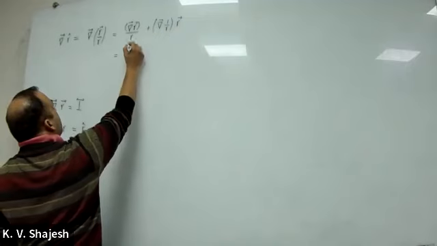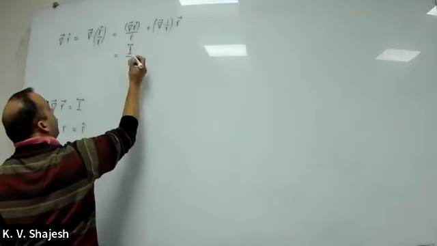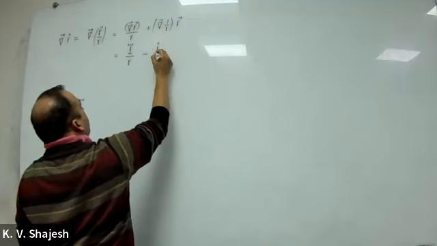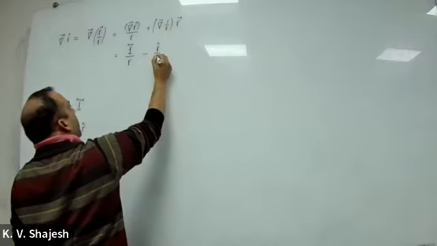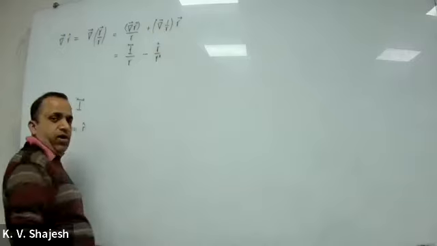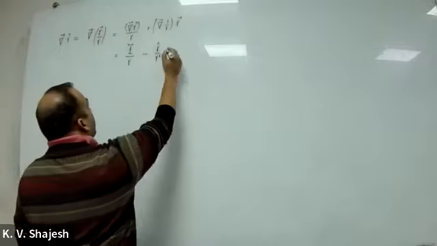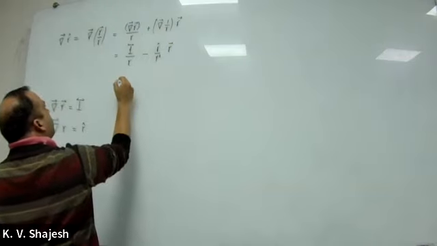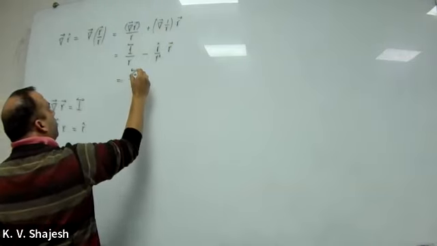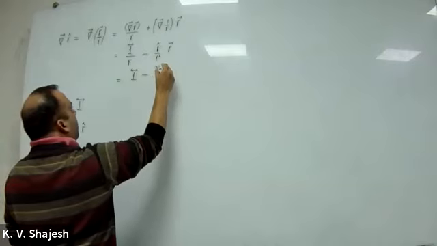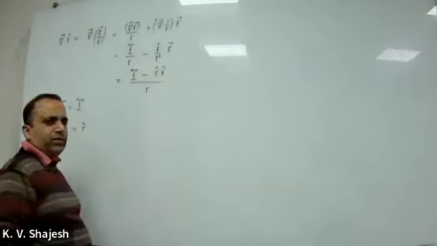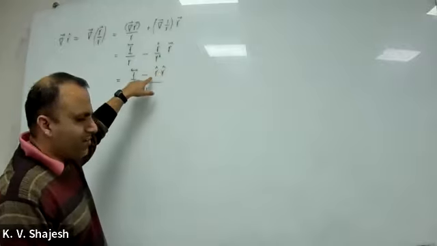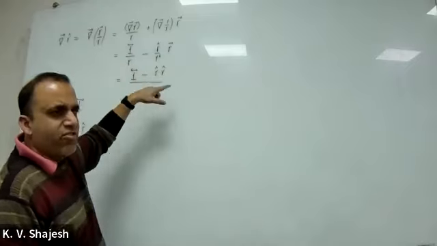This is 1 over R, and now we know how to do this, and this is minus R hat over R squared. Like first you do 1 over R squared, and then gradient of R gives you R hat, and that is a vector R. So this is equal to 1 minus R hat over R. If you think in terms of quantum mechanics or just a complete set, this is a projection operator.